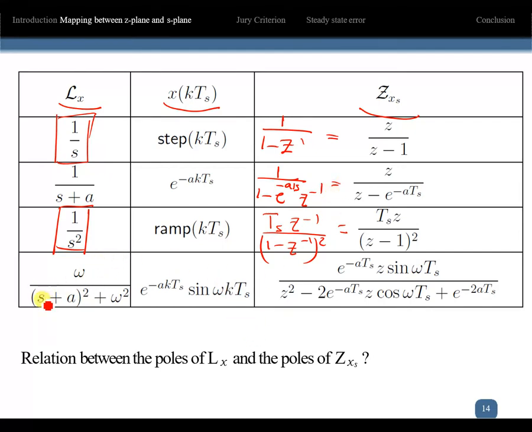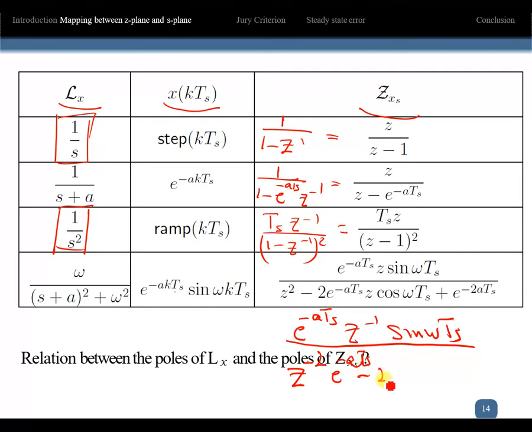And here will be e to the minus a kT sine omega T, and we put it in the sine formula, or I can write e to the minus aTs Z to the minus 1 sine omega Ts over 1 minus 2 e to the minus aTs Z to the minus 1 cosine omega Ts plus e to the minus 2aTs Z to the minus 2.